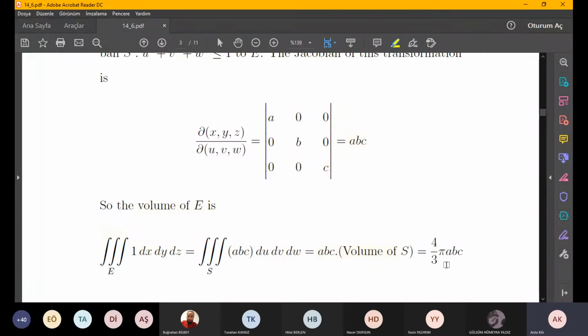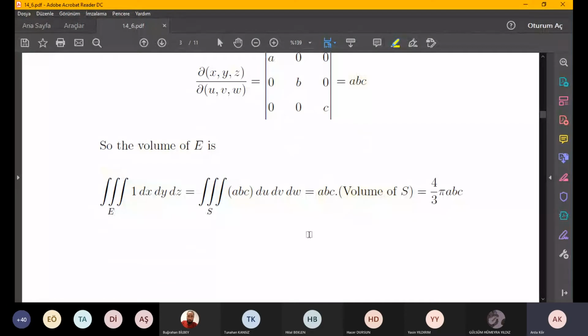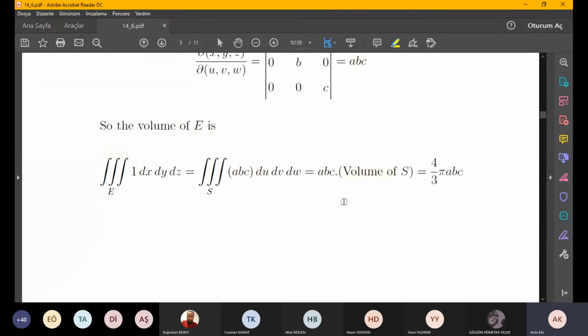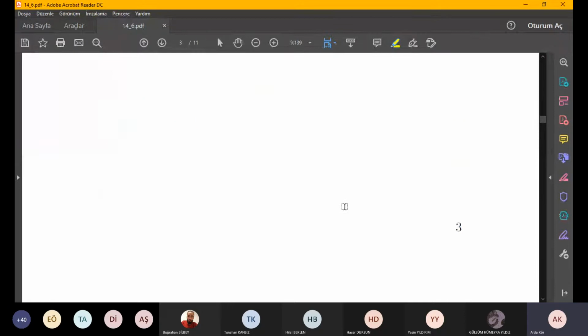From r cubed you have 1, so that is why the volume of the ellipsoid has to be equal to 4 over 3 pi A, B, C. Okay, so this is the volume of S times A times B times C, which will give us the volume of the ellipsoid. So this is the first transformation that we have.